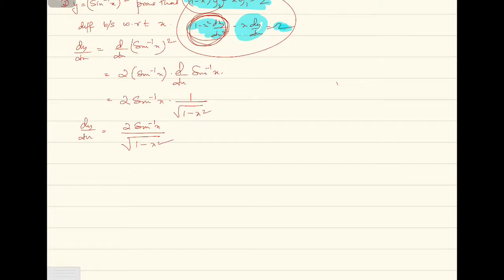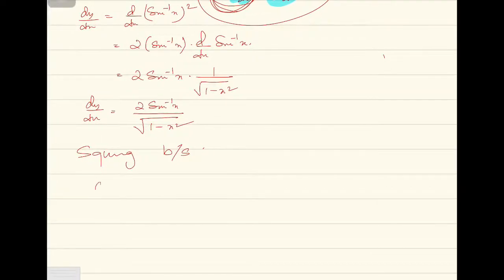What you have to do here is square both sides, because if you square this, you get dy by dx whole square equals 4 sine inverse x whole square over 1 minus x square, because the root and the square get cancelled.